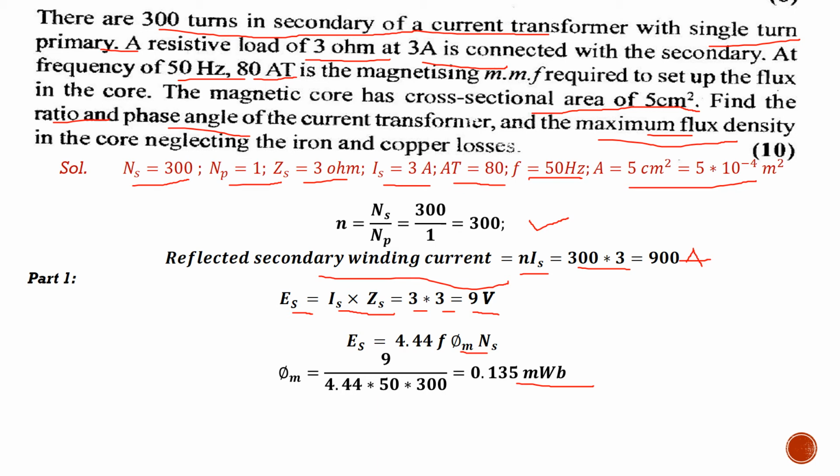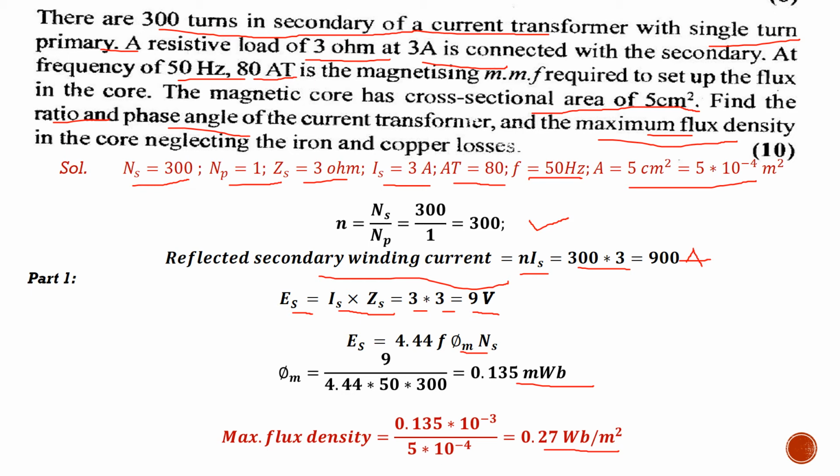But here we are at the maximum flux density. So we need to divide the maximum flux by the area to calculate the maximum flux density. Doing so, we will get the maximum flux density as 0.27 Weber per meter square. So the maximum flux density is calculated here.